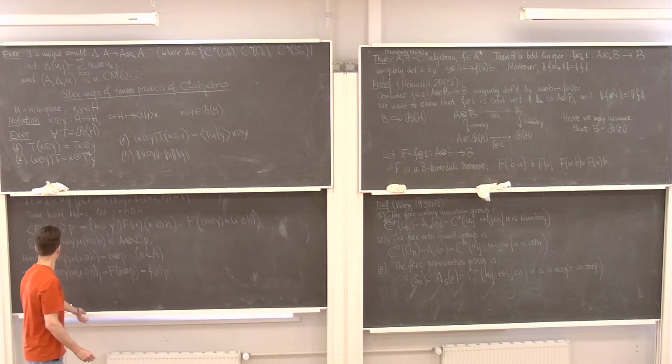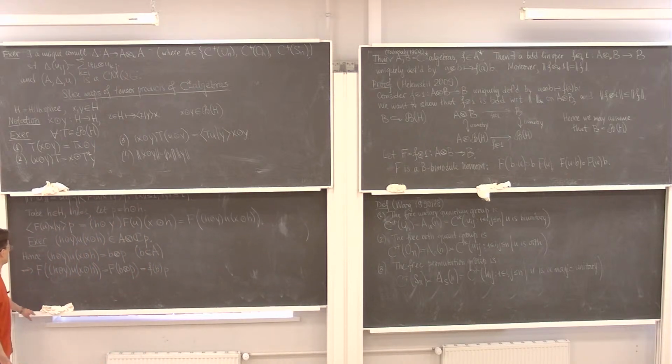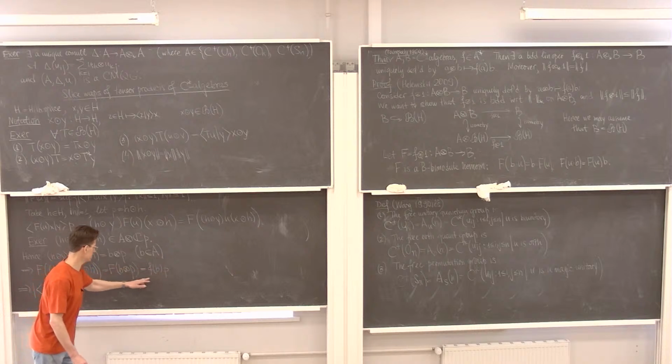And so let's now take the norm of this operator. The norm of this operator is just the absolute value of this number, the absolute value of the inner product of F of u x with y.